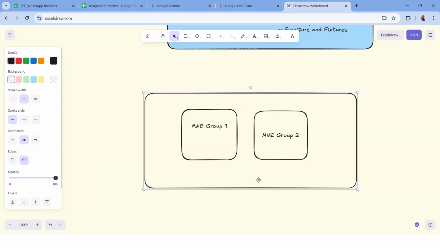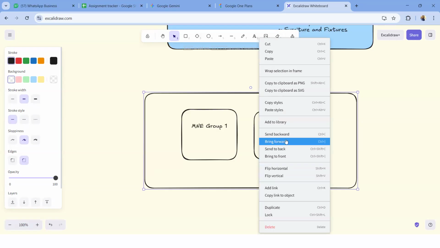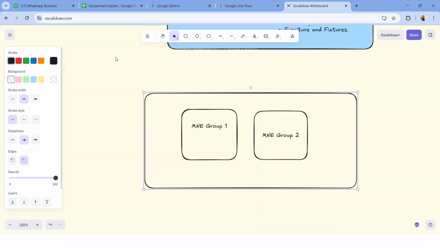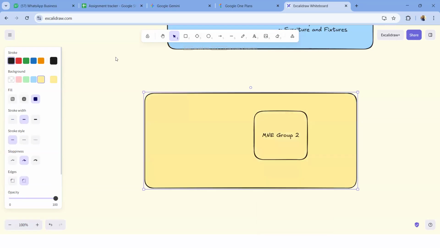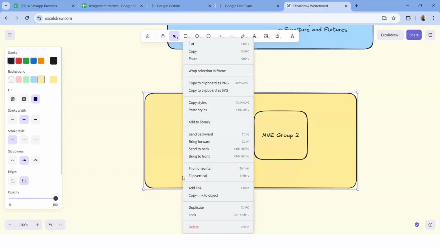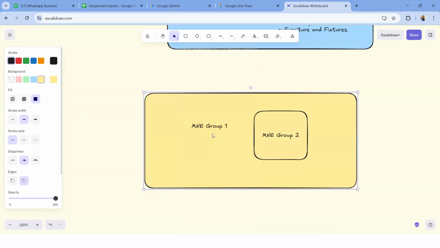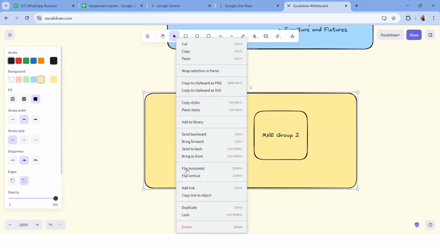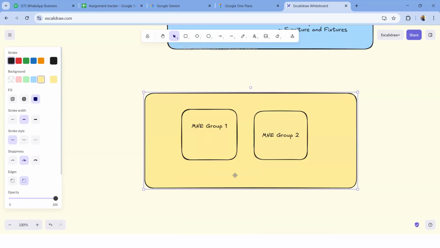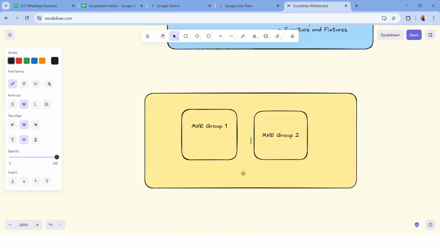Both the groups have the same, let's say, board of directors.